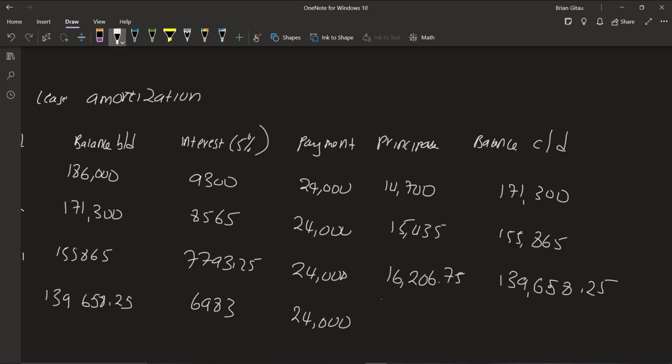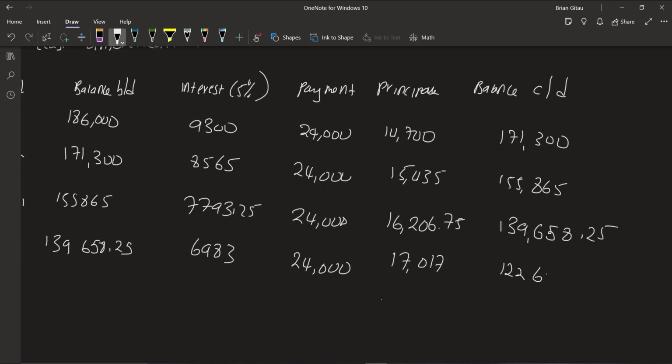The principal will be 24,000 minus 6,983, which is giving us 17,017. 139,658.25 minus 17,017, giving us a balance of 122,641.